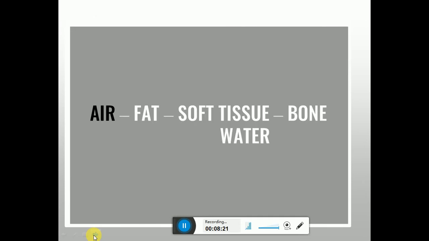Now before moving on to the normal X-ray, you should have an idea about densities, how the different tissues are going to appear in X-ray. Whenever air is present in the X-ray, air has a low density, so it will appear dark.